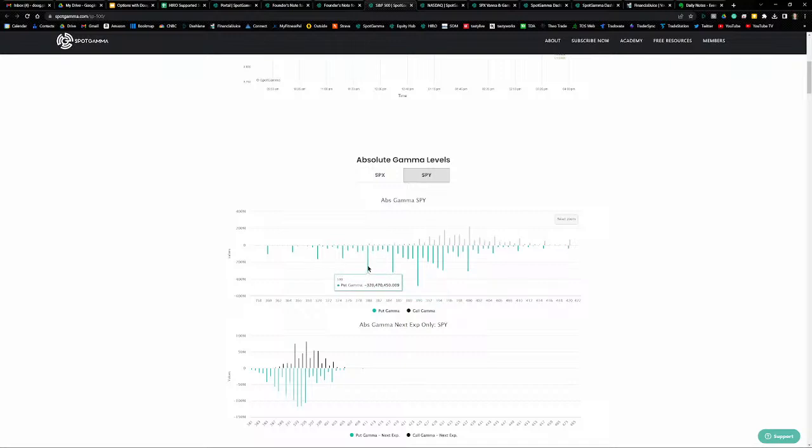And that's also the put wall, the strike with the largest net negative gamma, can be expected to act as support, although it's not today. And then 397, there it is, 397 is the call wall. That's the strike with the largest net positive gamma, and that can be expected to act as resistance.